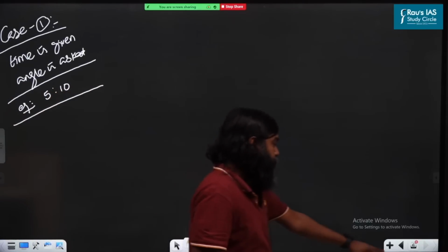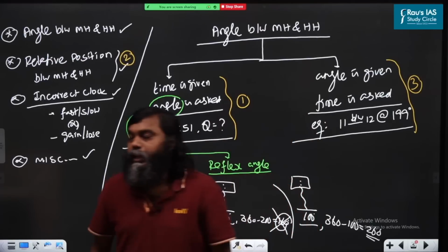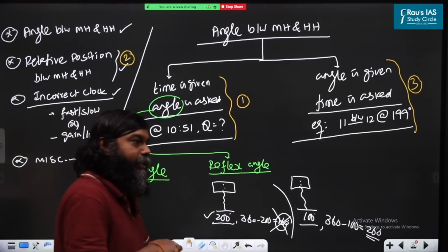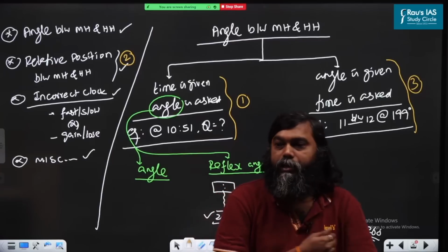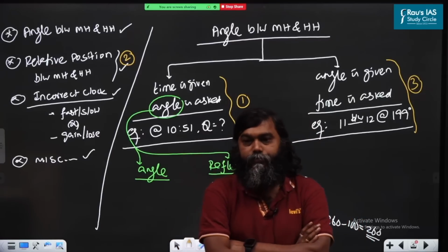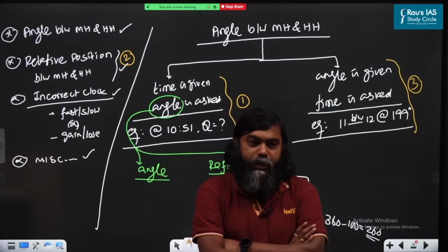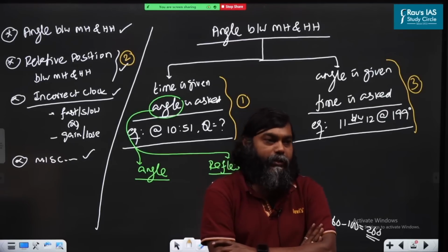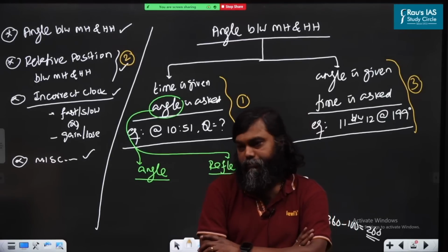Now time is 4:05. Starting point is 4 o'clock. Now time is 4:05. Minute hand is behind the hour hand. Has the minute hand crossed the hour hand? 4:05, it is behind the hour hand. That means the minute hand has not overtaken the hour hand.